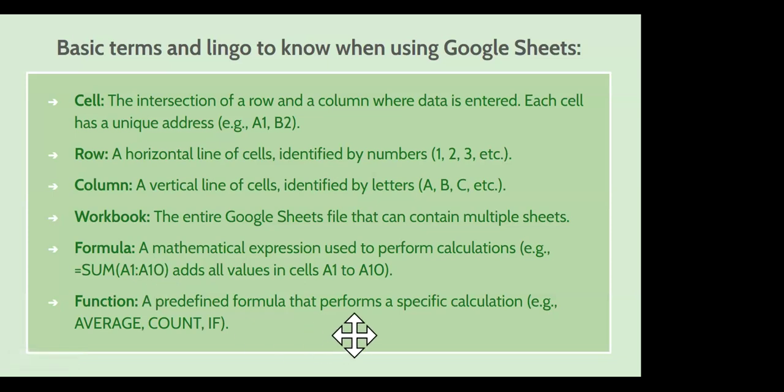A function is a predetermined formula that performs a specific calculation. So for example, if you want to get the average of a column when there are different numbers in that column, this will allow you to get the average after it takes all the numbers from a column.